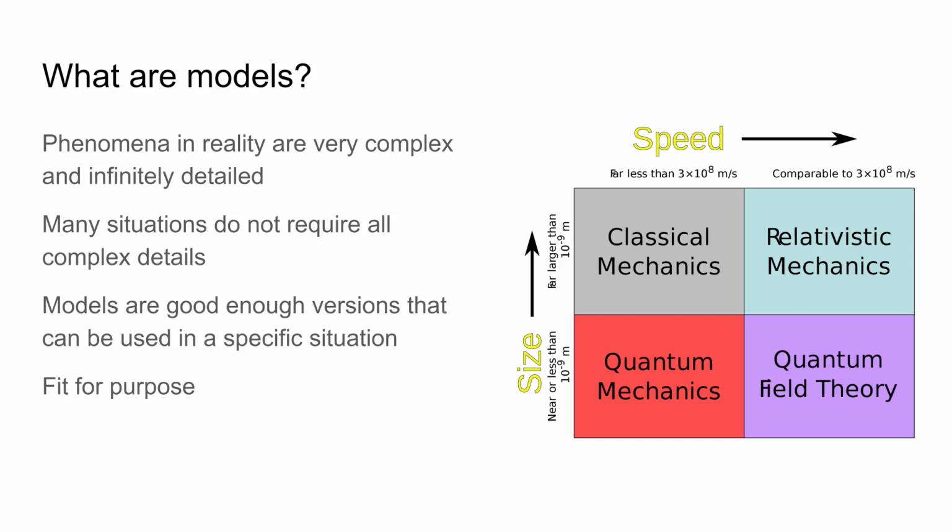So models describe something in real life, but as real life is very detailed, the model makes some simplifications. It also makes some assumptions. Classical mechanics assumes that we are moving at normal speeds and have normal sizes of things.